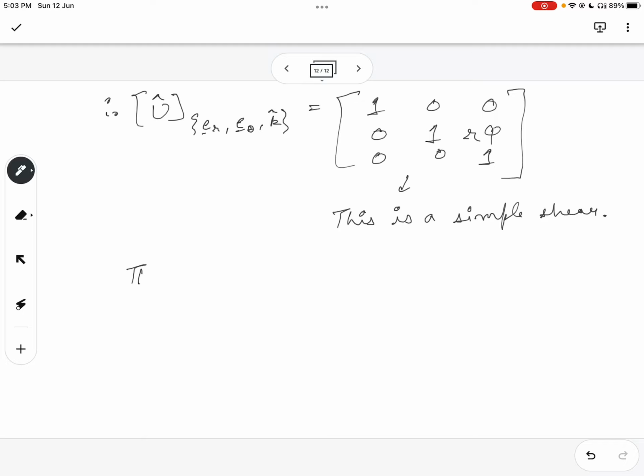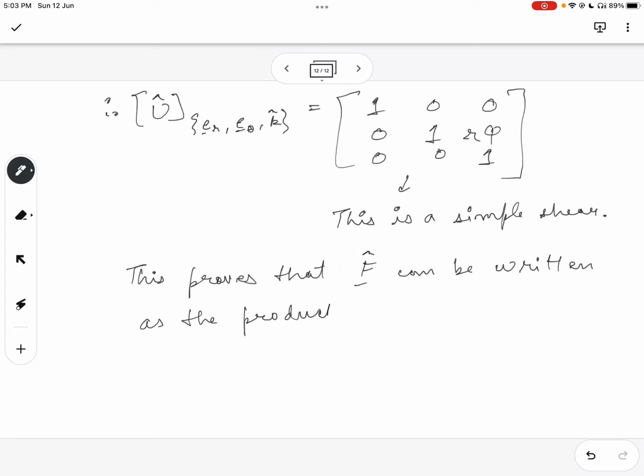Hence, this proves that F hat can be written as a product of a rotation and a simple shear.